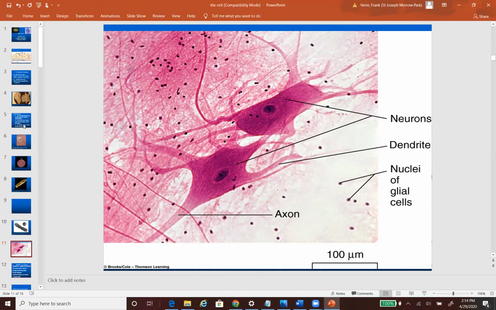Movement would be a function that requires specific cells, muscle cells, to contract and allow you to move. So functions that are carried out by your body are conducted by very specific cells. So, for instance, we have to move oxygen around our body.